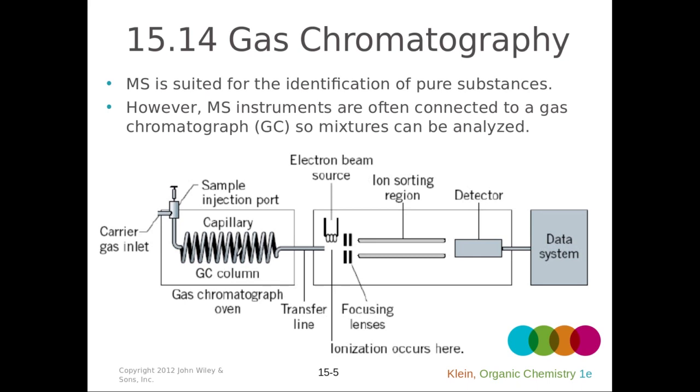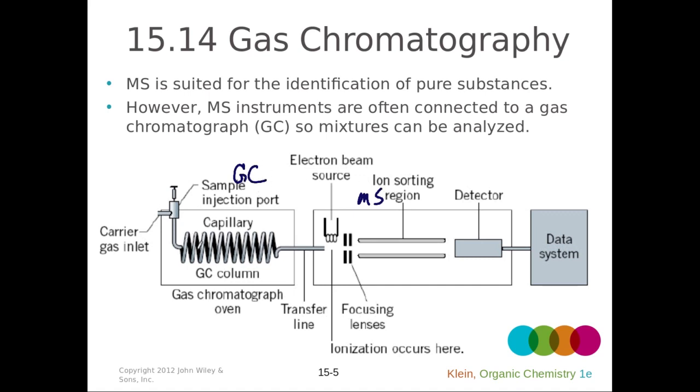After it leaves the GC, it heads into the MS part, the mass spectrometer part, going through the electron beam and the ion sorting region and hitting the detector. This whole thing here is in fact our MS. So that's where the term GCMS comes from.